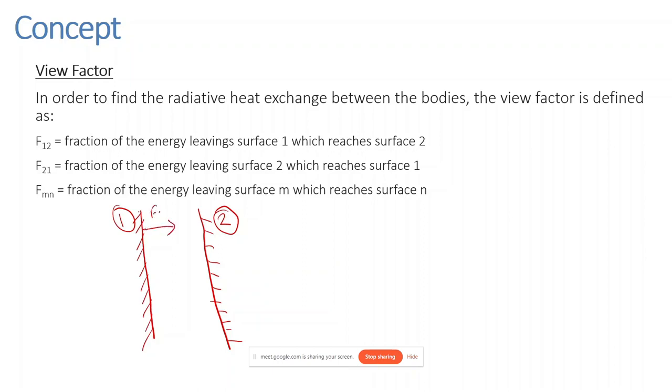So this is my F12, and this is my F21, because this will be incident on the first surface, and similarly this will be incident on the second surface. Similarly, F11 will be the fraction of energy which leaves surface 1 and reaches surface 1 again, and in this case F11 will be equal to 0. Similarly, F22 equals 0.